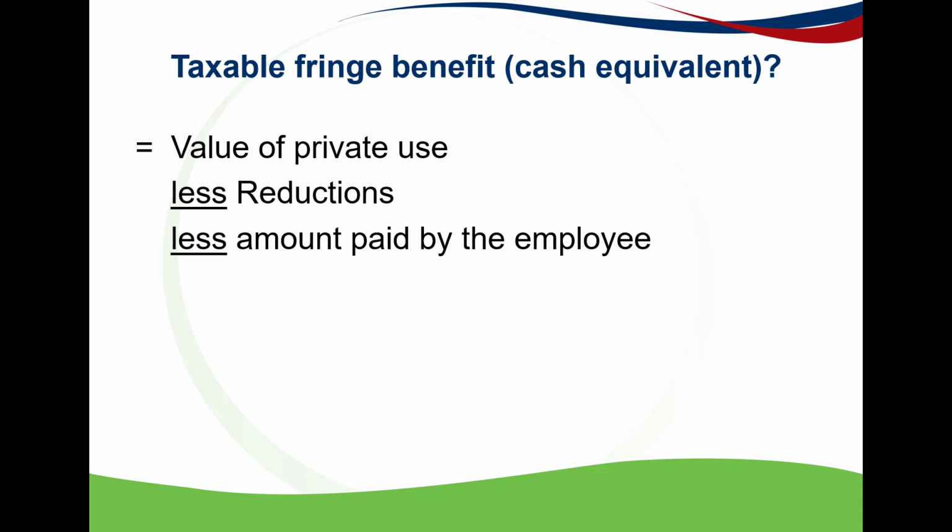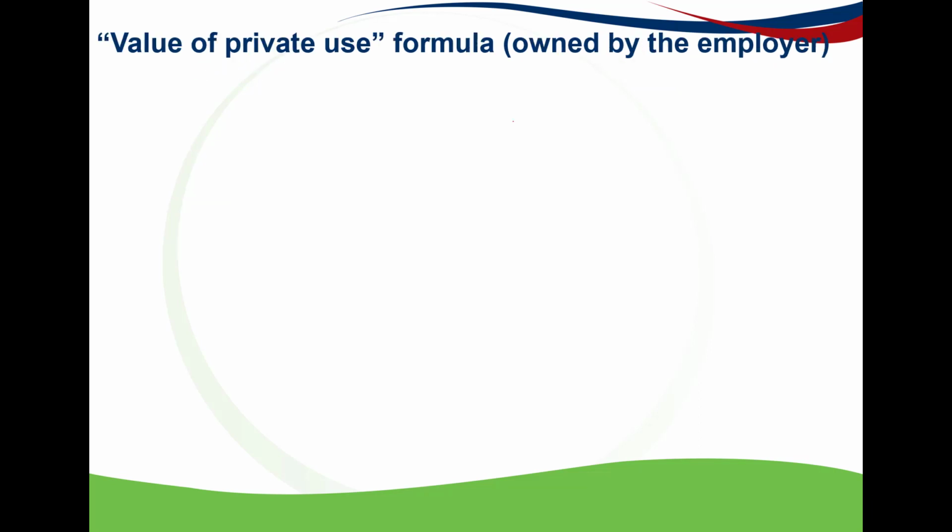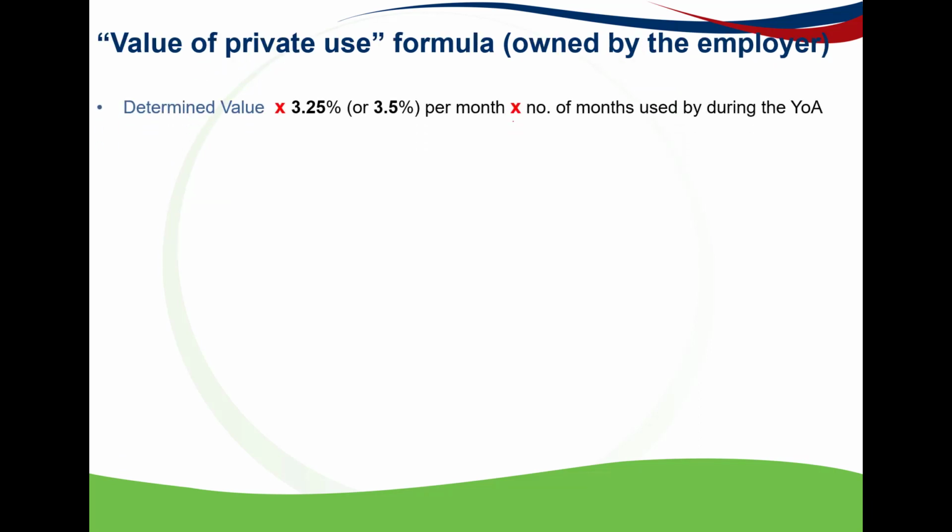Now, to determine that value of private use, we need to look at the determined value and multiply it by either 3.25% or 3.5% depending on whether the vehicle is on a maintenance plan or not. If the vehicle is not on a maintenance plan, then you will multiply the determined value by 3.5%.